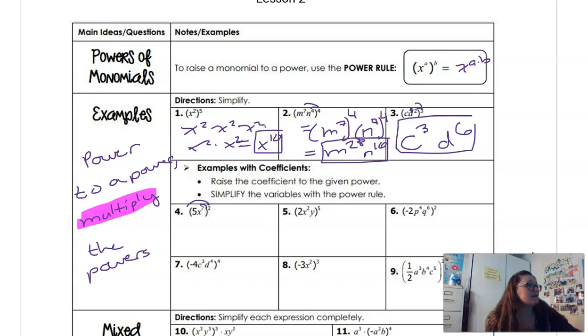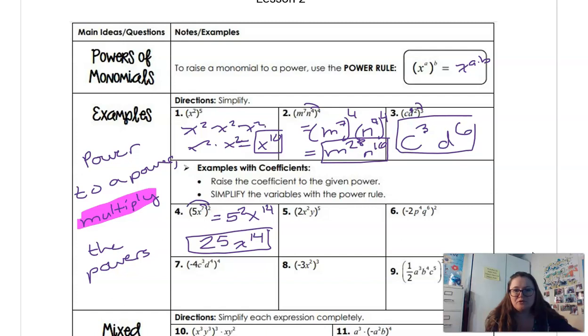So what we want to do there is we want to do 5 squared, and then we also want to do x to the 7th squared. So that's going to be x to the 14. Well, then we have to actually do 5 squared. 5 squared is 25, because 5 times 5 is 25, x to the 14. So that's it. That's how you do those ones.